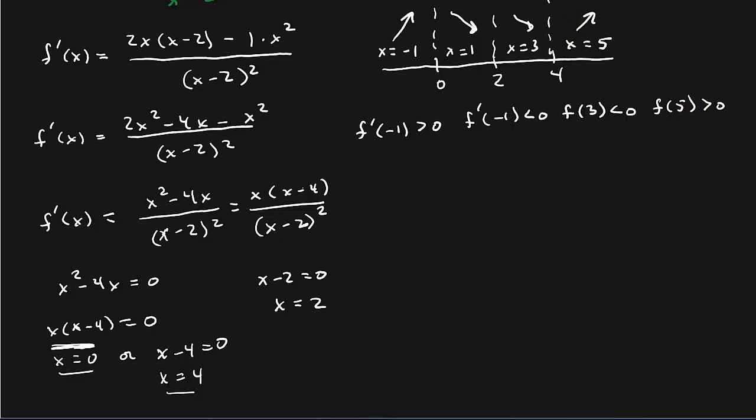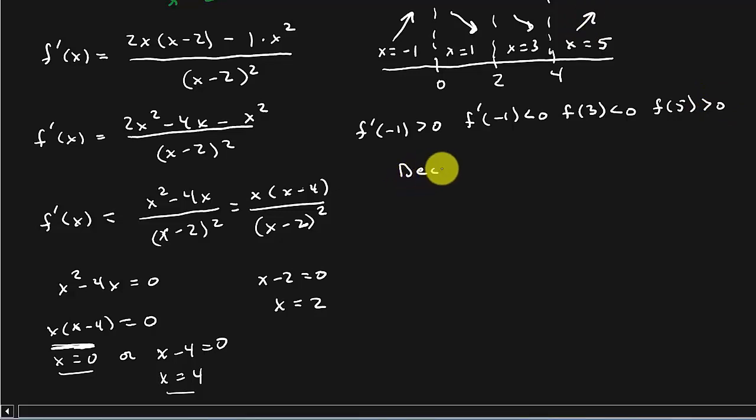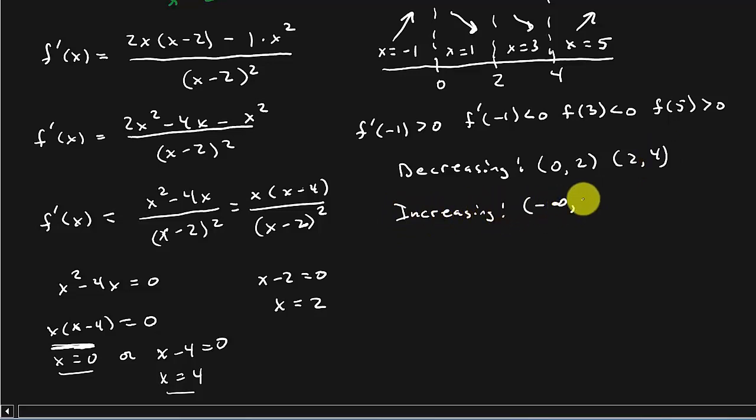All right, so we'll say that this thing is decreasing from 0 to 2 and 2 to 4, and it is increasing from -infinity to 0 and 4 to infinity.